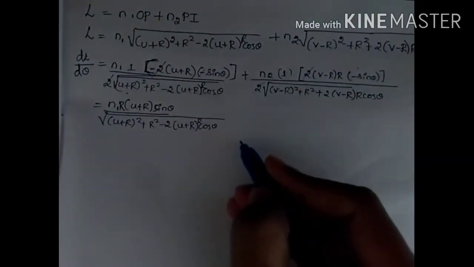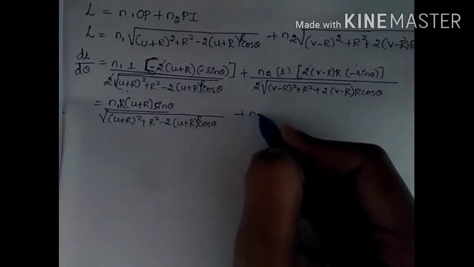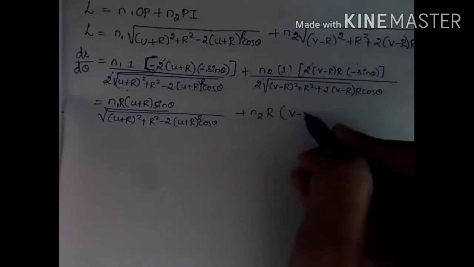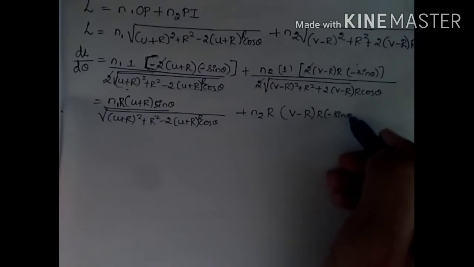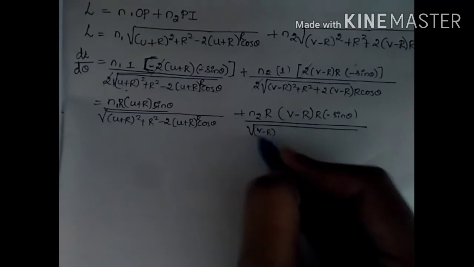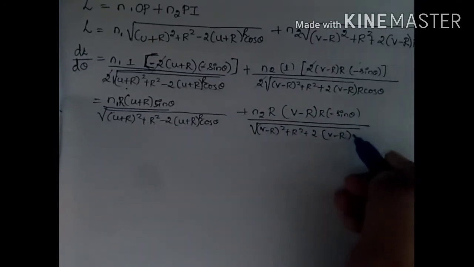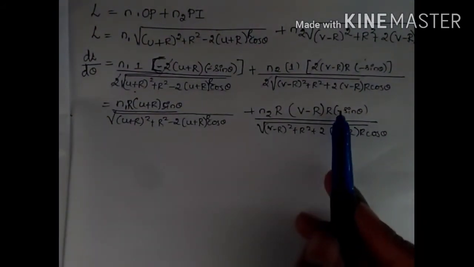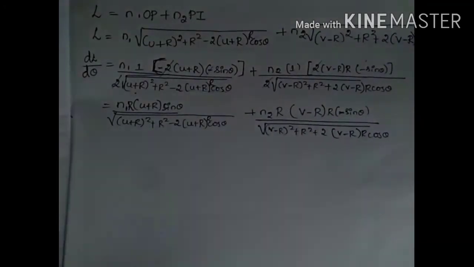The 2 gets cancelled, so what remains is n2 r (v minus r) minus sin theta. Let us take this negative sign outside.